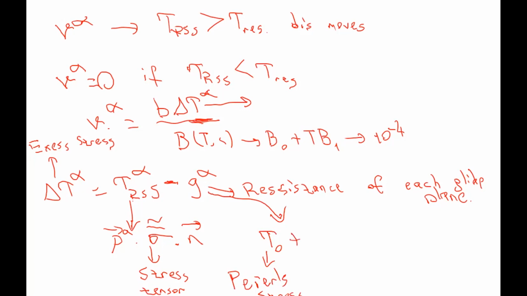What can cause resistance? What else? Actually, we covered the topics. What causes dislocation to stop? The hardening mechanisms, right? We need to add each and every hardening mechanism.